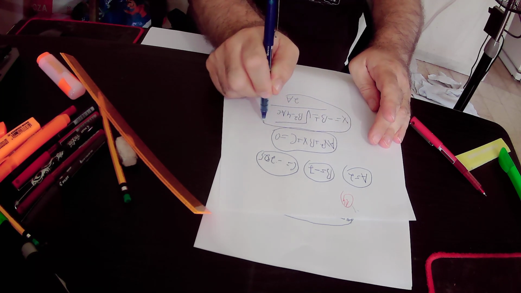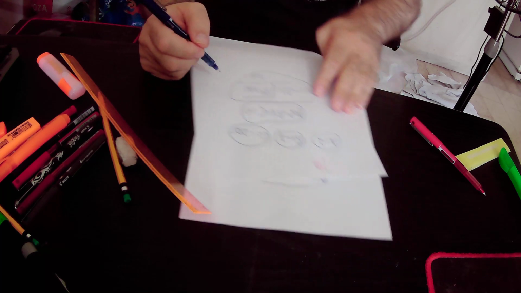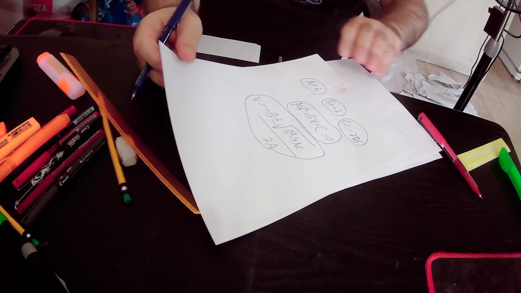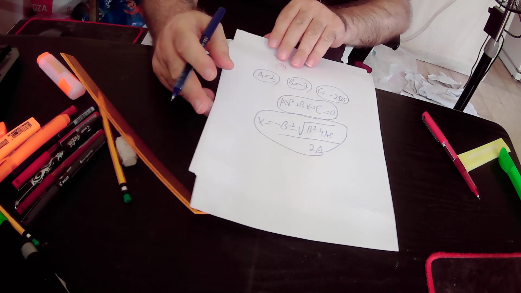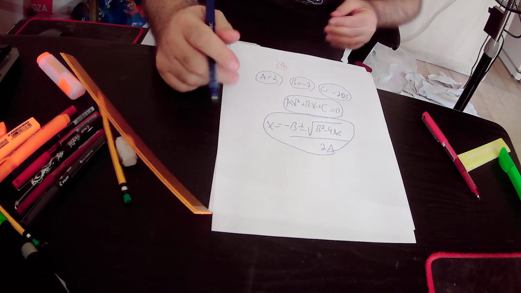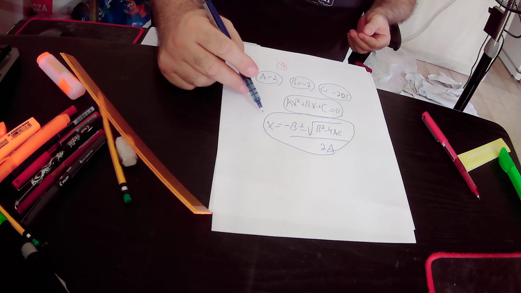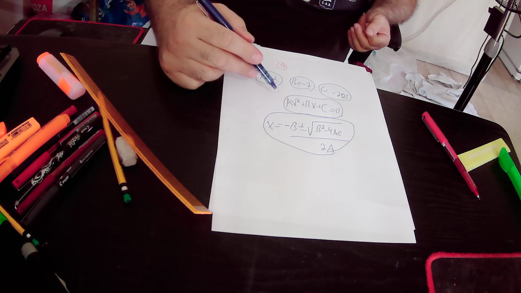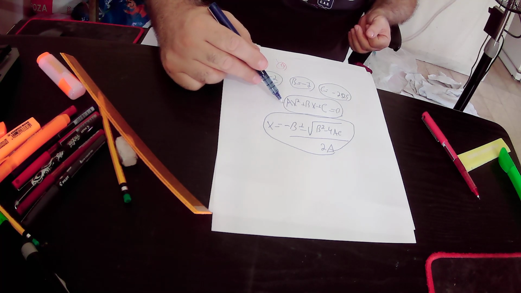Okay? So that is the solution for a quadratic equation, when x is the variable of the quadratic equation, and capital A, capital B, and capital C are the coefficients of this quadratic equation.